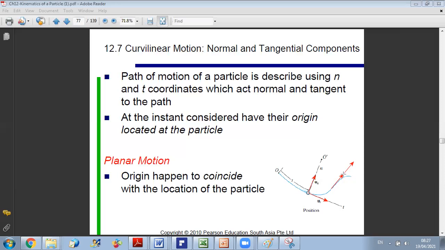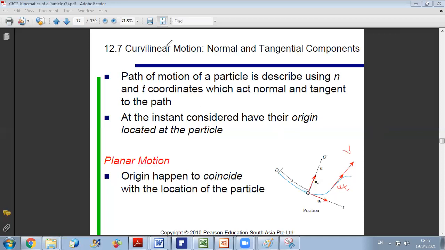You have here Un, Ut, Ub. So Ut is the unit vector of V, and it represents the tangential direction. So this is Ut. It is driven by V. So as V changes, Ut will change with it. So the first axis of my frame will be along the velocity direction.